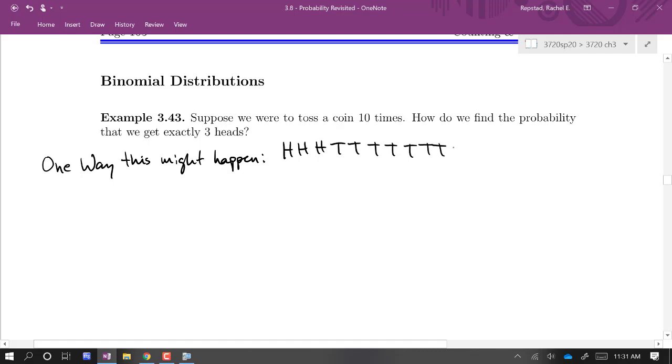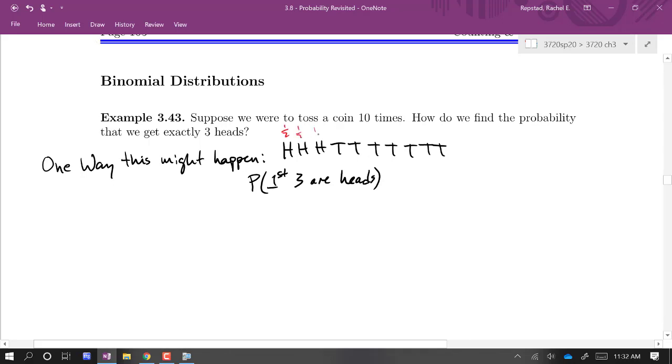Right? So now the probability that the first 3 are heads. Now we're going to use the fact that flipping coins are independent. We know they're independent events, which means that the probability that I get this sequence of outcomes when I toss the coin 10 times is 1/2 times 1/2 times 1/2, right?